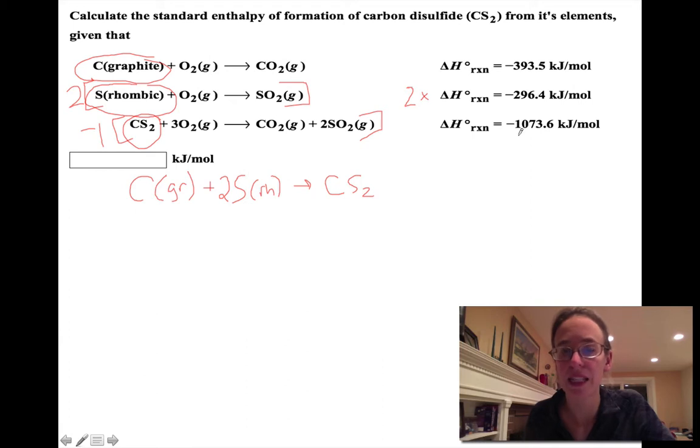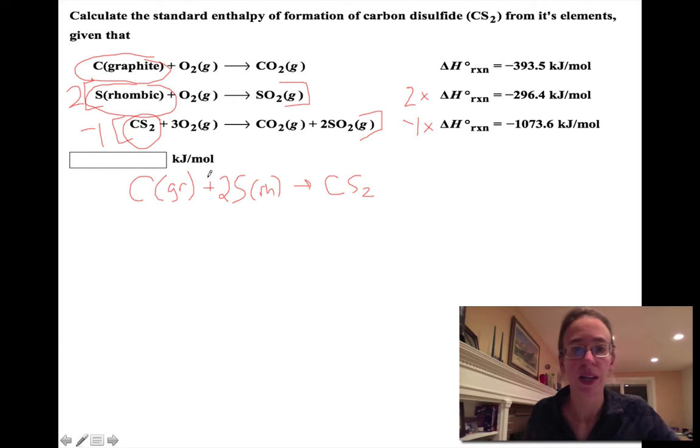That delta H is negative, so if we flip the direction around, this exothermic reaction will become endothermic. It will take energy to form carbon disulfide from carbon dioxide and sulfur dioxide. So when we multiply that enthalpy of the reaction by -1, the sign will flip.